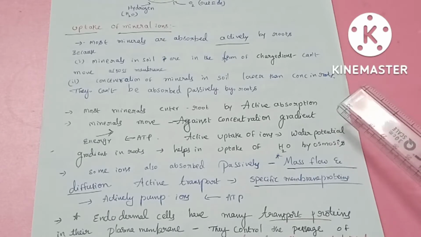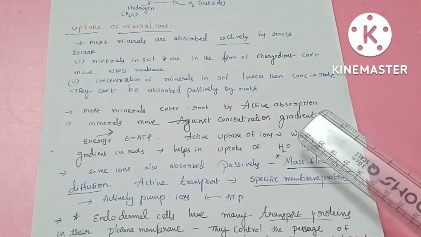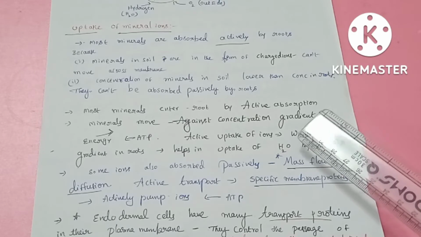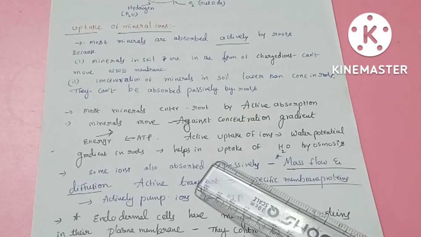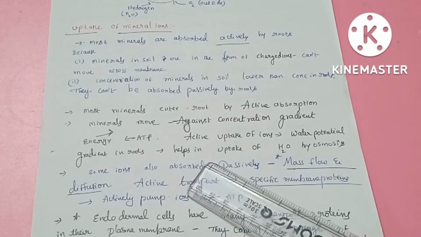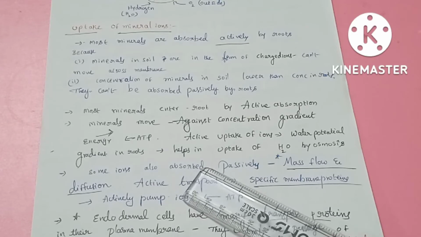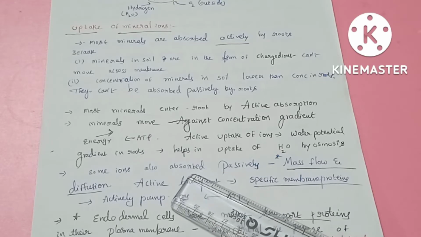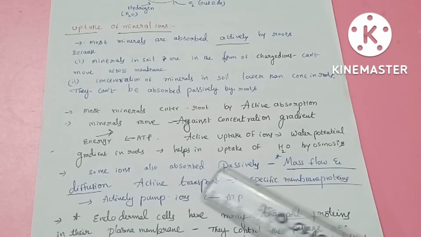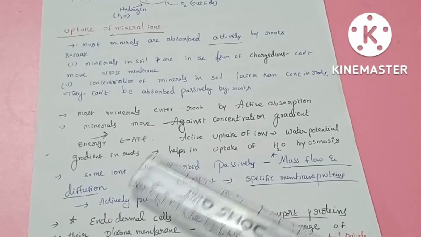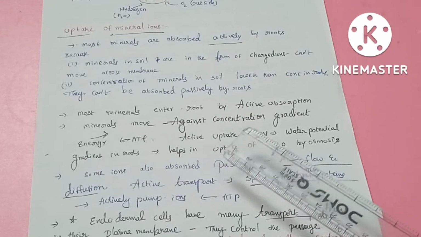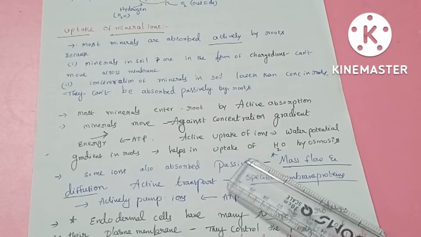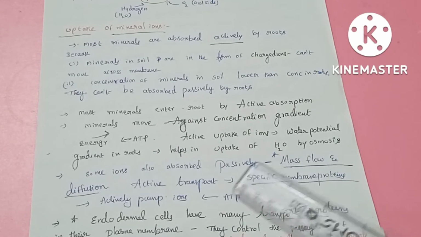Hence a water potential gradient is generated in the roots. Because of this, water from the outside, that is from the soil, enters inside the roots by the osmosis process. So this active absorption of the ions is helpful for the uptake of water by osmosis.